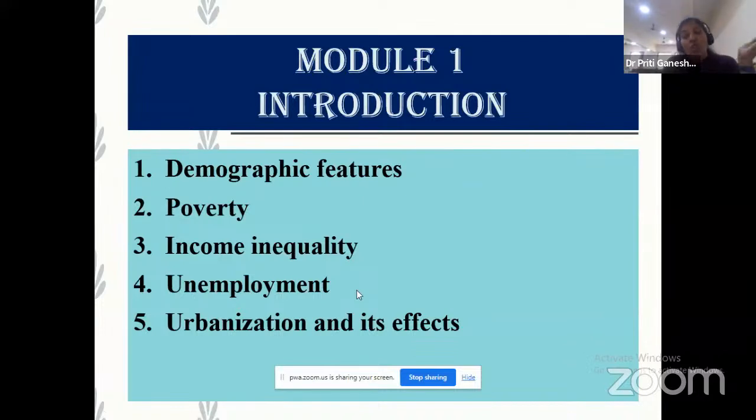The same module 1 also has a sub-module, the agricultural sector. In the agriculture sector, from chapter number 6, you have institutional structure, technological changes, agriculture pricing, agricultural finance, agriculture marketing, and national agriculture policy.